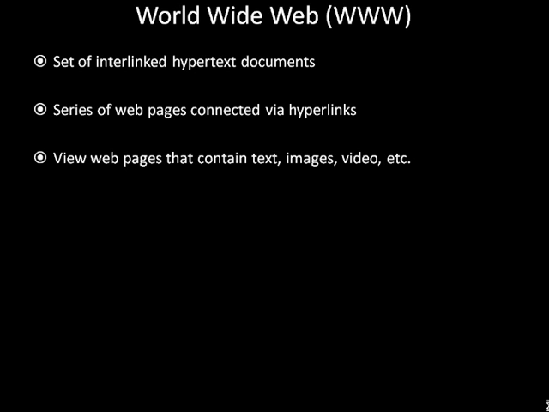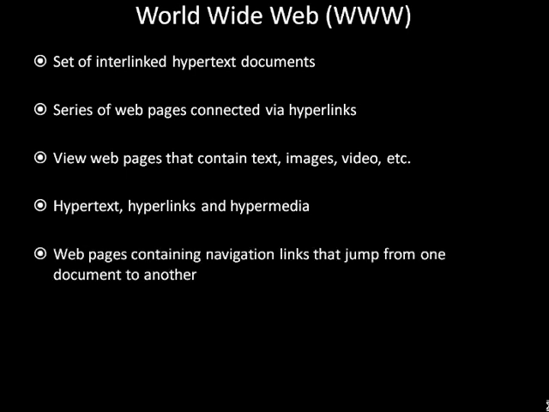Closely related to the World Wide Web are the terms hypertext, hyperlinks, and hypermedia. These are the ability to have web pages containing links, which are text, or buttons, or graphics, on a web page on which you can click your mouse button to retrieve another document from the web into your computer. This document also contains further links that the user can click on, hence navigating or browsing the World Wide Web.